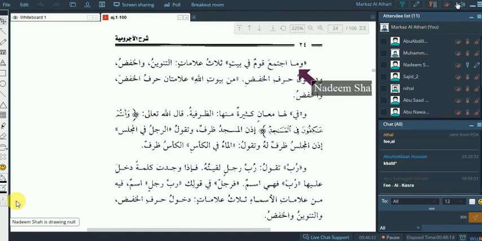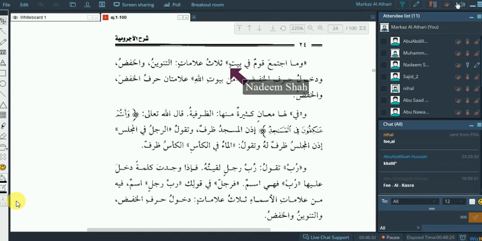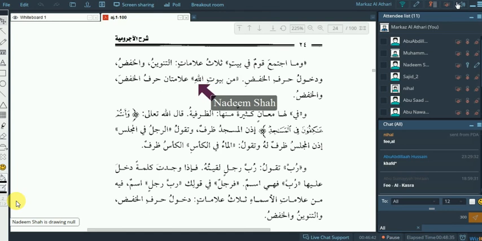Go down to the next page. And the hadith وما اجتمع قوم في بيت has three signs: tanwin, and the fact that it's khafd, and harf al-khafd fi. Also في بيت من بيوت الله, two signs, harf al-khafd and the khafd itself.